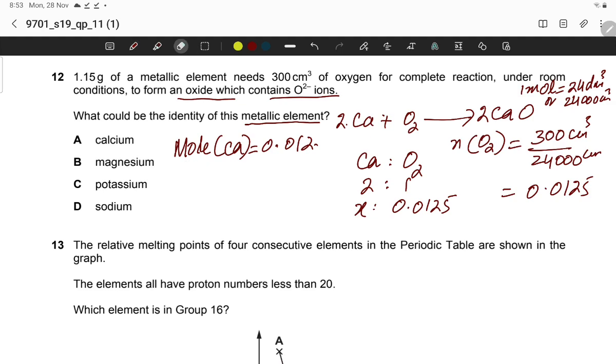Ar of calcium is mass over mole, 1.15 divided by 0.025.